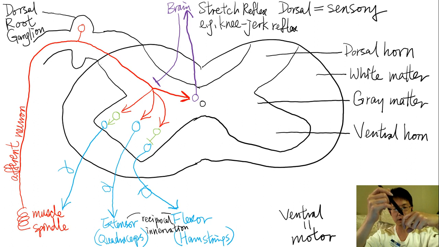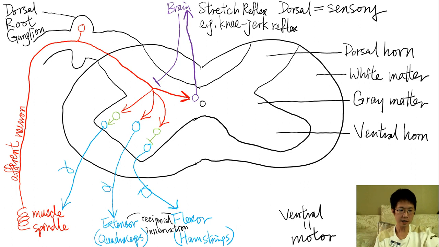This tendon connects to your quadricep muscle. So when you hit or compress your patellar ligament, you are indirectly stretching your quadricep muscle. And guess what? Inside your quadricep muscle, you have a muscle spindle.